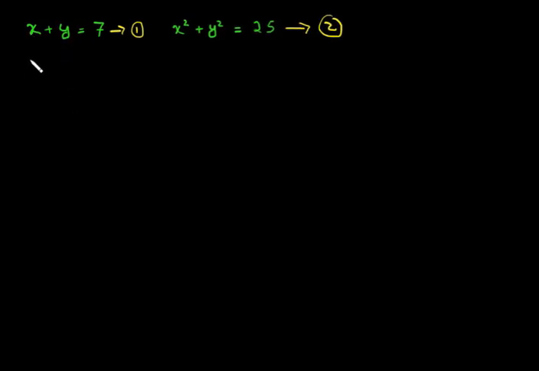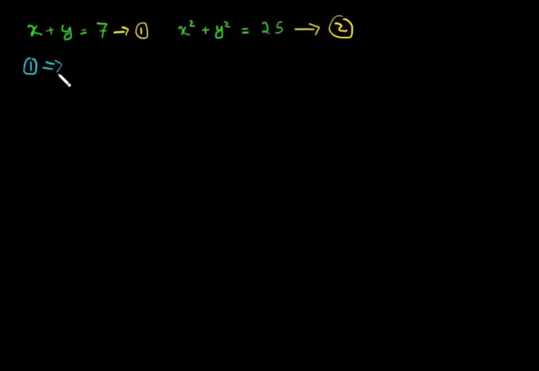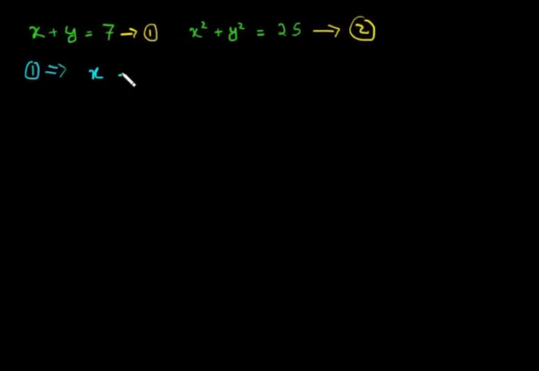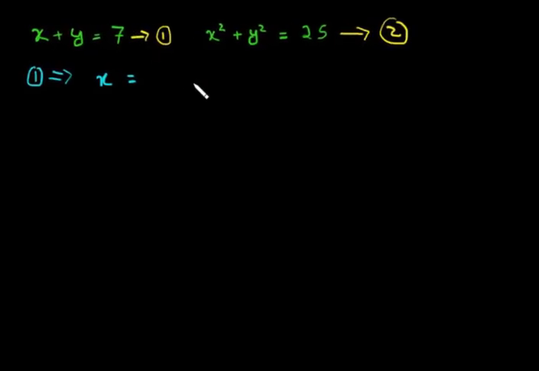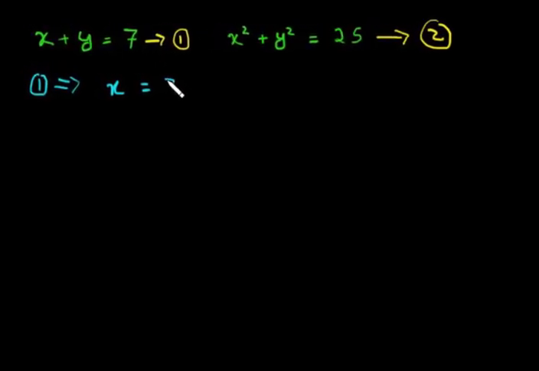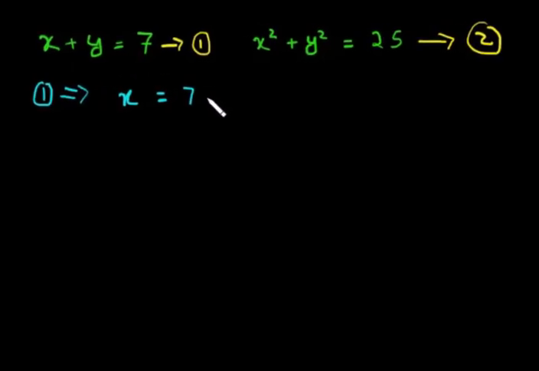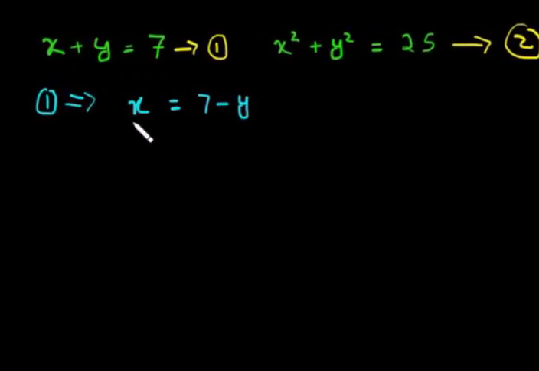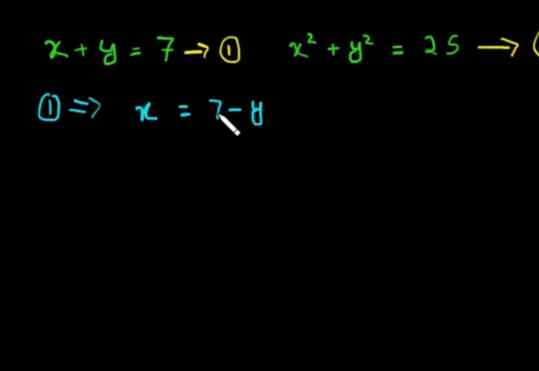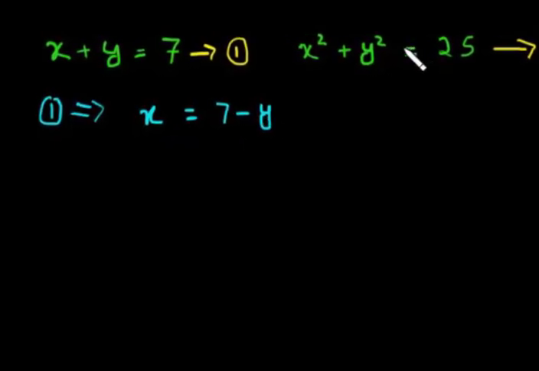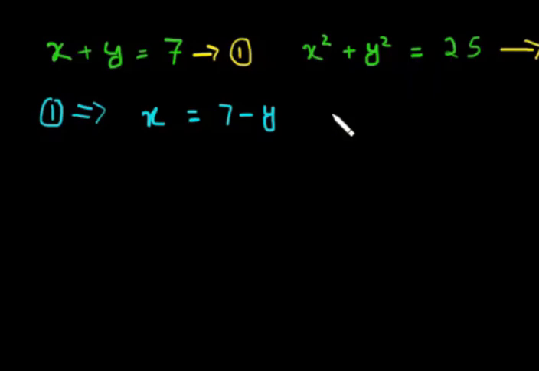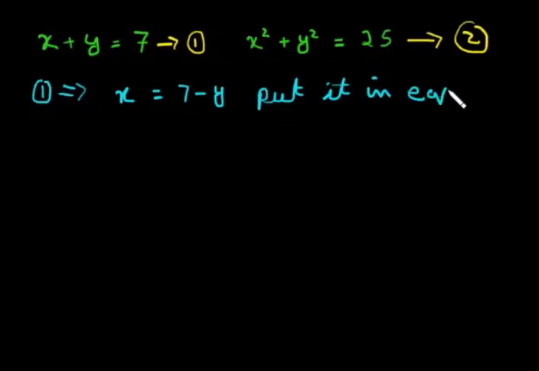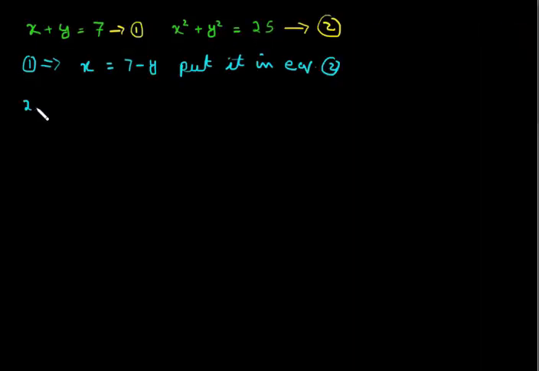I will isolate x. So equation 1 implies that x will be equal to 7 minus y, taking y to the other side of equality, so its sign will be reversed. As it is plus over here, on this side it will become minus. Now substituting x equal to 7 minus y into equation 2, equation 2 would become (7 minus y) squared plus y squared is equal to 25.